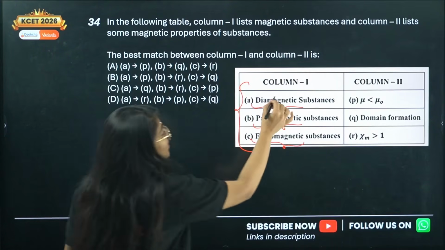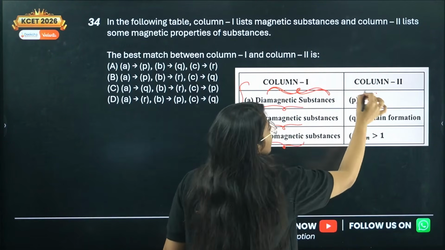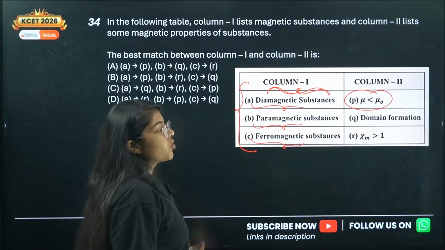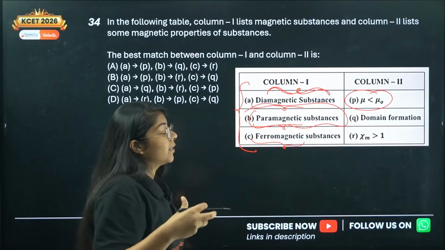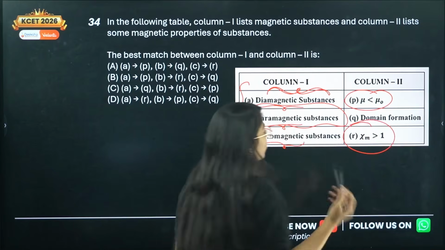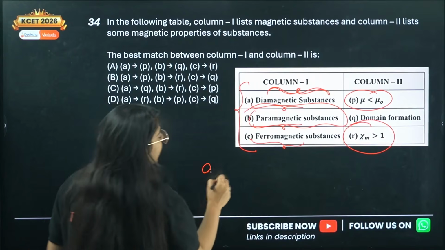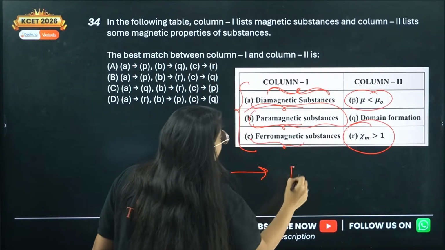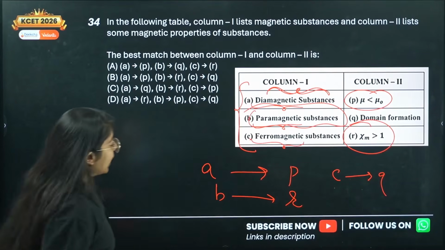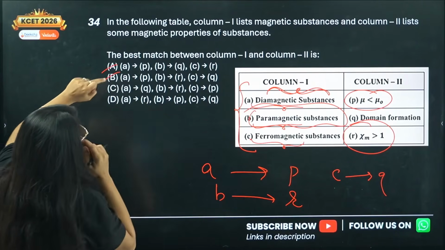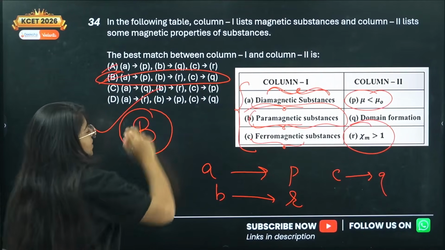Since diamagnetic is repelled, its permeability will be less than the general permeability. Paramagnetic is weakly attracted, but its susceptibility will be more than 1. Ferromagnetic, we know it forms domains. So for A we have P, for B we have R, and for C we have Q. A, P, these two can be true. B, R. So B option is the correct answer.